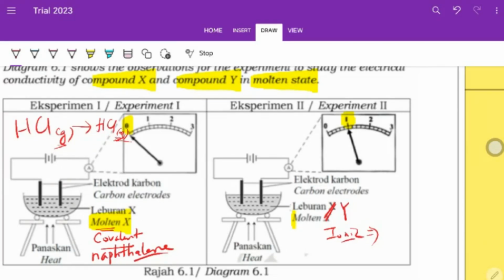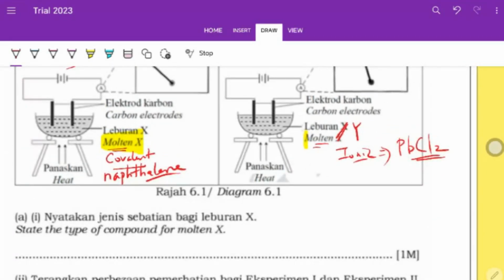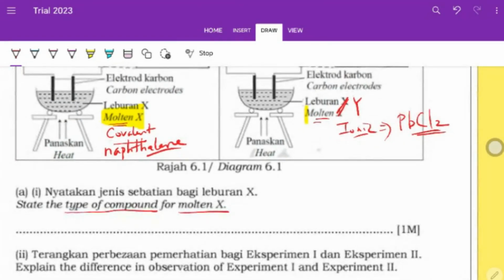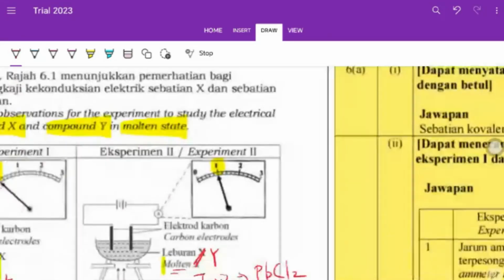Lead(II) chloride. We heat until it is melted, so it becomes molten. So the type of compound for molten X is covalent compound. Don't write covalent bond, write compound.